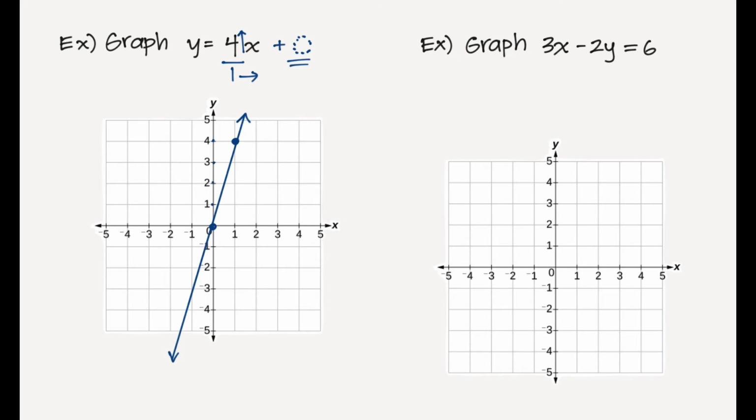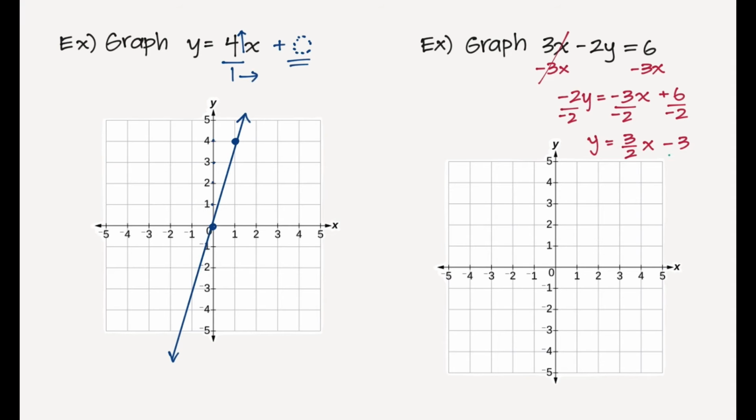All right, my next one says to graph 3x minus 2y is equal to 6. It's not in slope-intercept form, so let's rewrite it. I'm going to subtract 3x on both sides, left with -2y is equal to -3x plus 6. Divide everything by -2, and y is equal to positive 3/2 x minus 3.